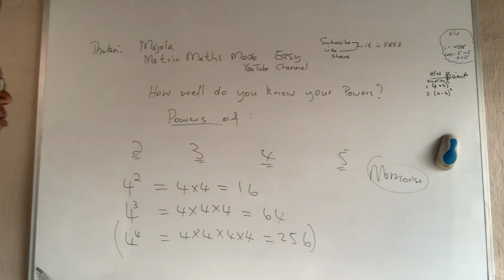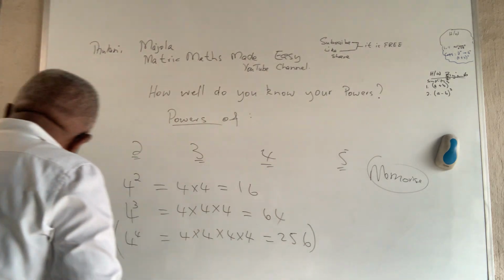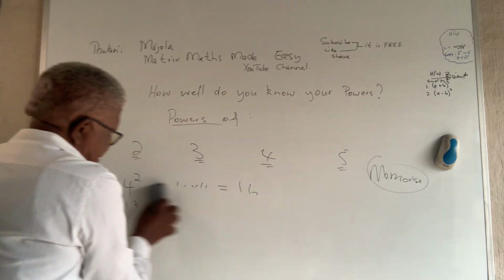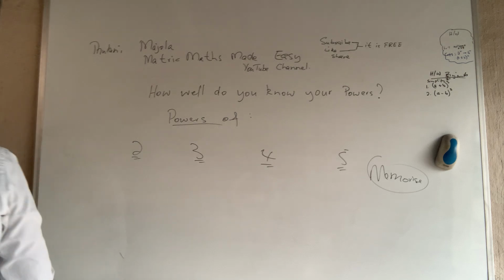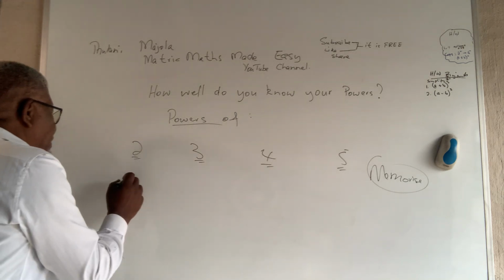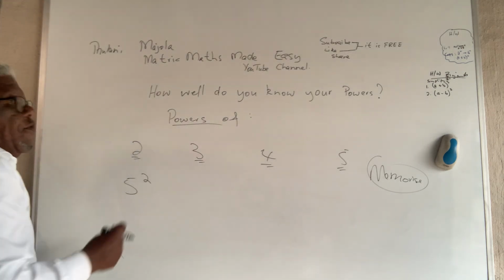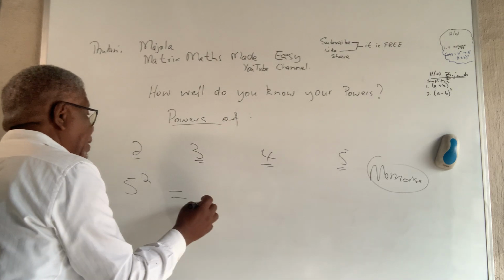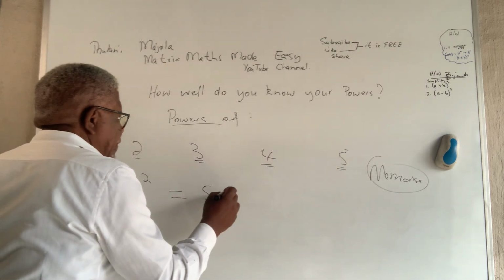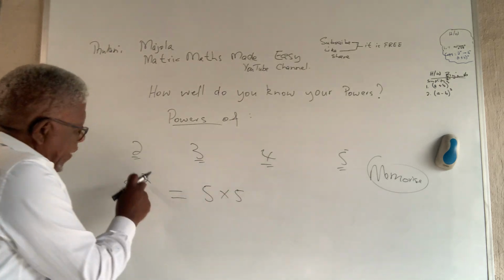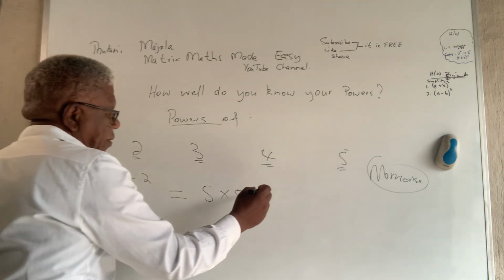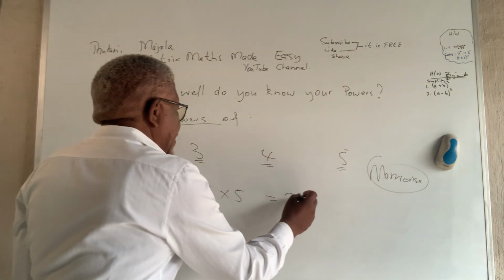And then we come to the last one, powers of 5. From the multiplication table, which we have done, we know 5 to the power of 2, 5 multiplied by itself 2 times, is 5 times 5, which equals 25.